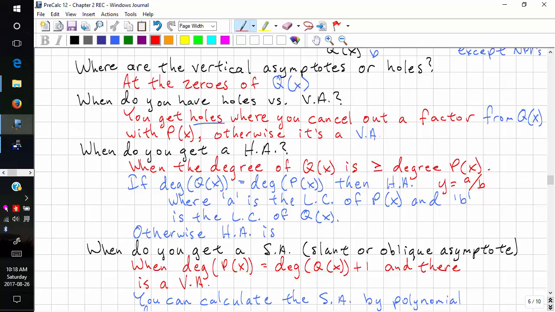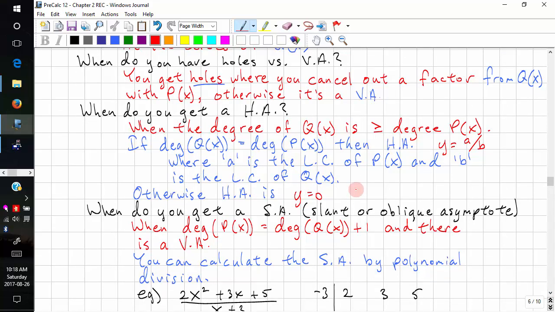Otherwise, if the degree of the denominator is greater than the degree of the numerator, the horizontal asymptote is y equals 0. And the reason for that is if the denominator has a bigger degree than the numerator, the denominator is going to grow faster, which means we'll go towards 0.